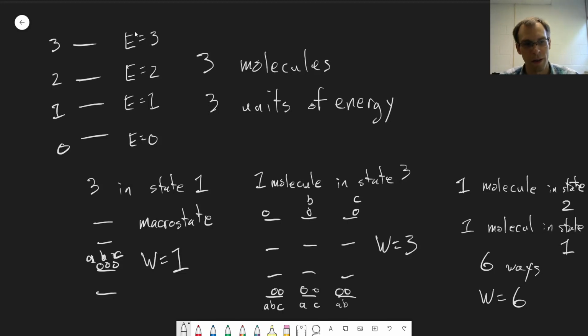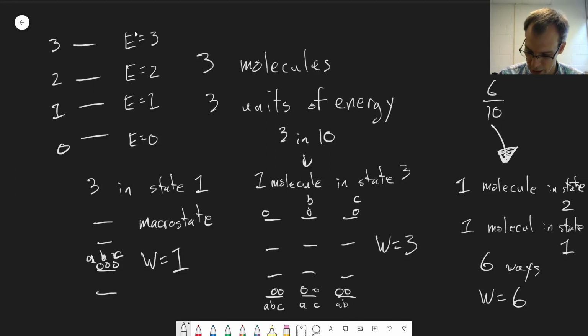But by far, the most probable one is this one right here, because there are 6 different ways to do it. We have a 6 out of 10 chance that our molecules will be arranged this way, just based on random chance. We have a 3 in 10 chance that they're here, and we have a 1 in 10 chance that they all are in the same state.